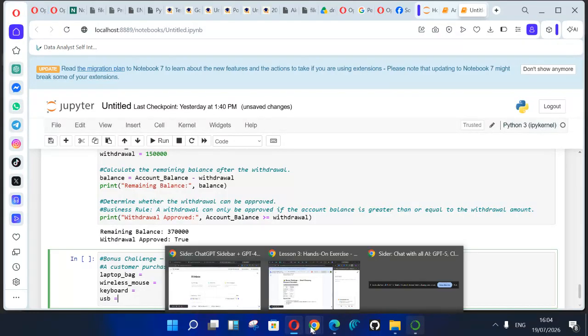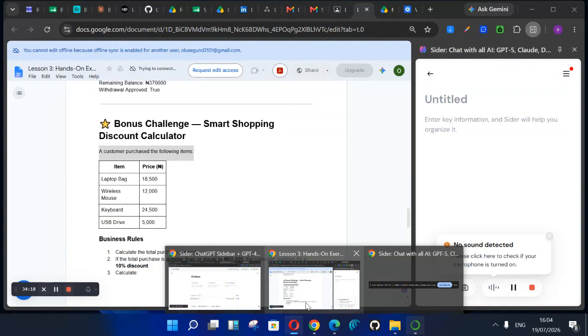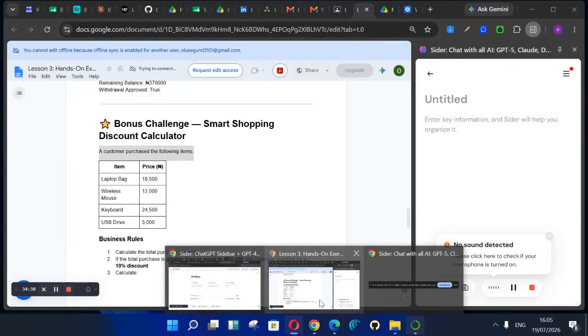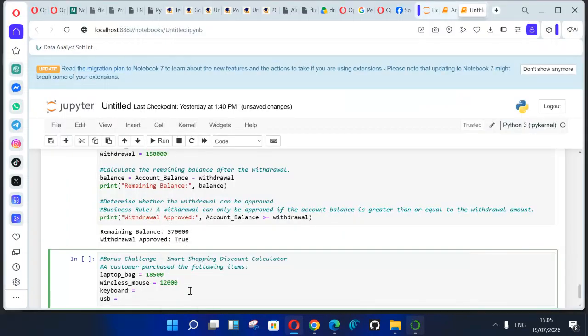So the prices are 85, 18,500, 12,000, 10,400, 5,000.